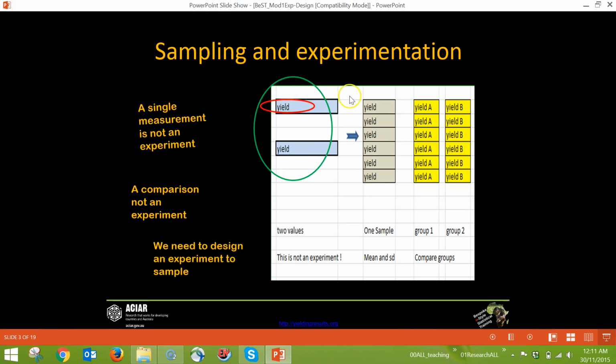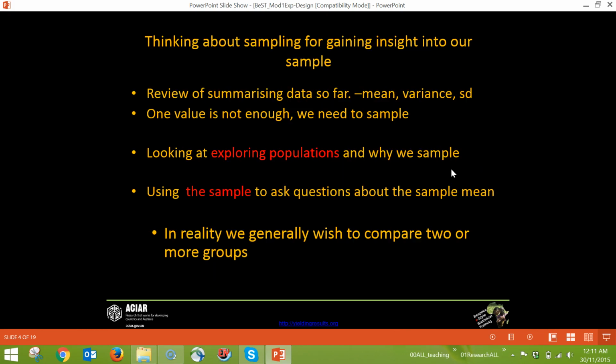So if you have several plots of one particular treatment or variety, that's fine. You've got a single sample or a single experiment with one sample, but in general we prefer to compare some groups. So here we've got 6 of each, and we can do a comparison of yield for variety A and variety B.